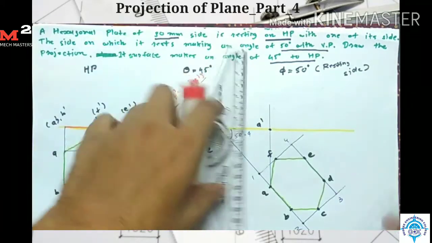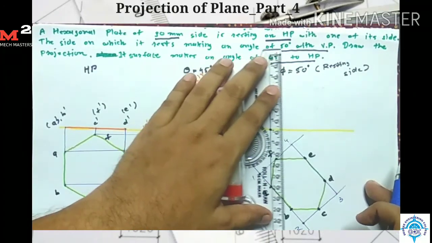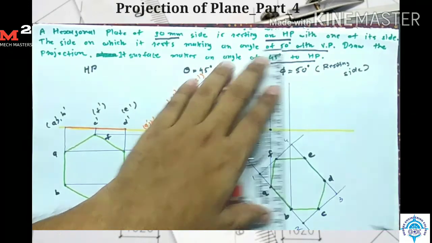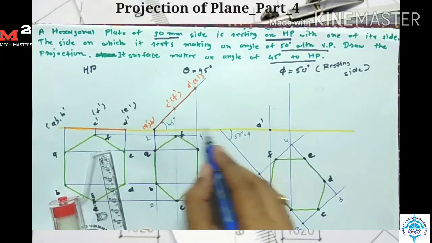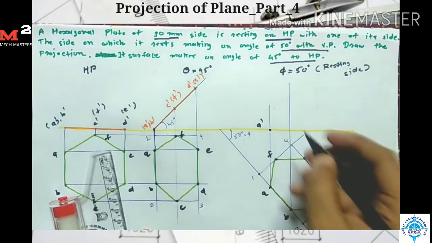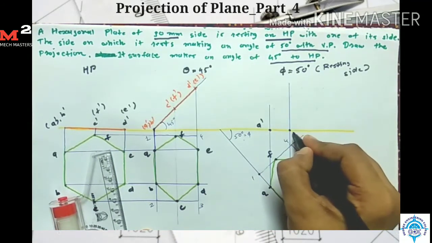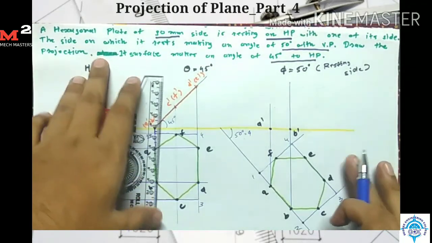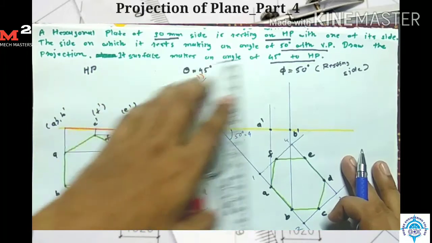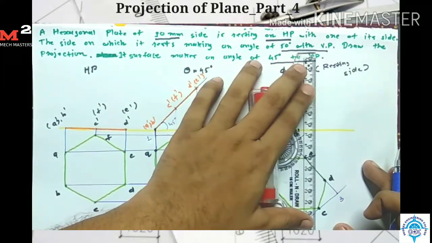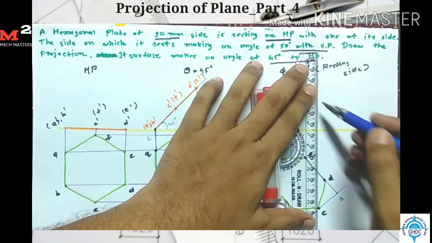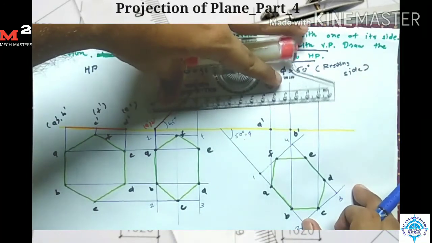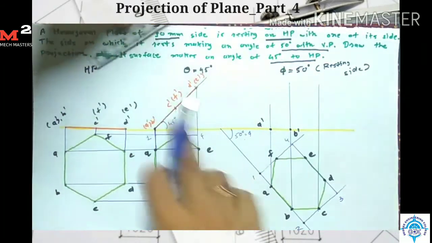Okay, now for point B I draw another projection line from here. Okay, and for point B another line here. Okay, so here I get my point B dash. Now for point C I take the projection from here and from here.